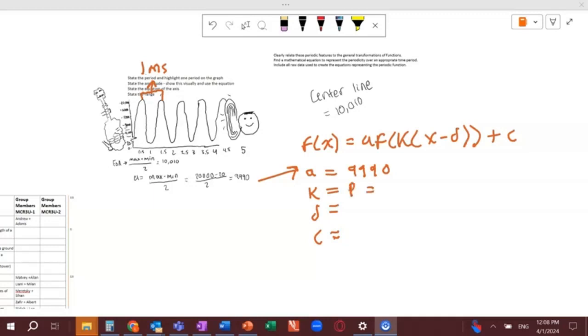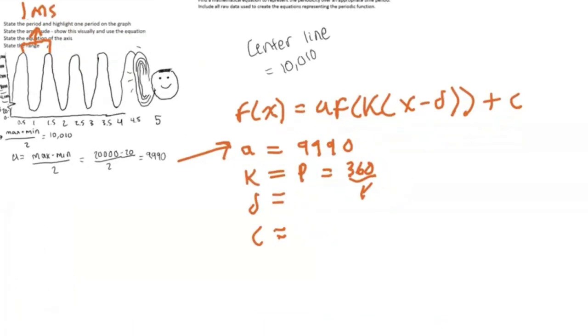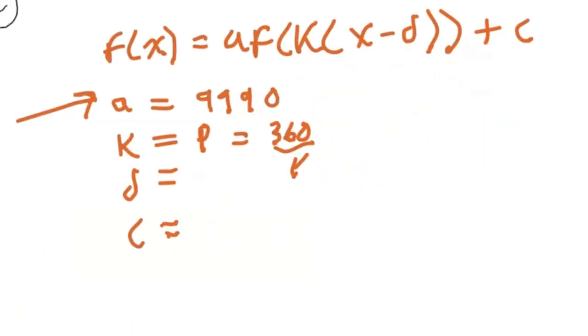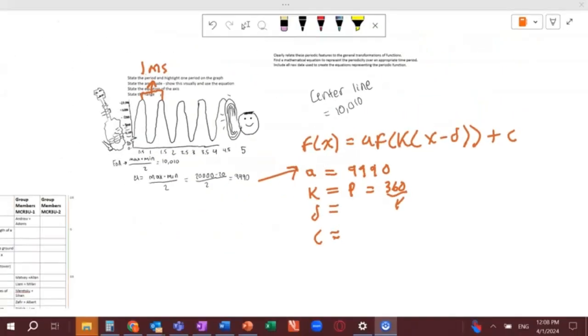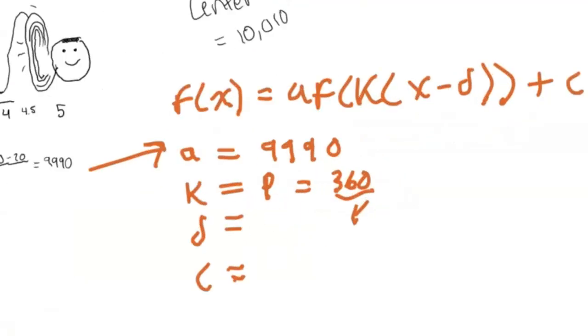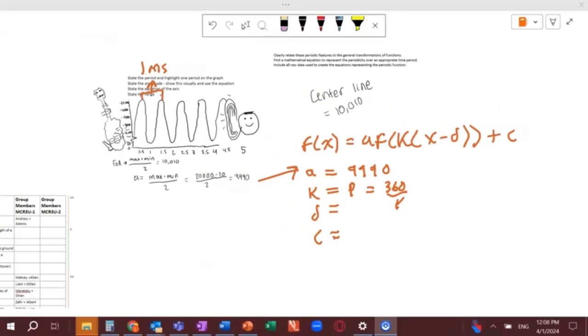So P equals 360 over K. And since a period is 1, 1 equals 360 over K. Move the K over to the other side and divide by 1 on this side.